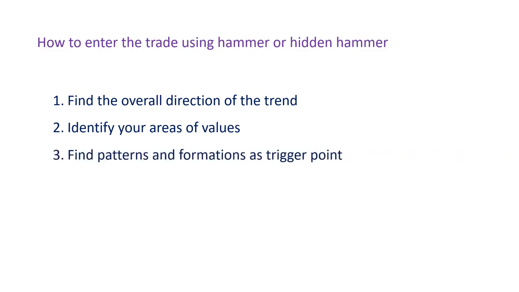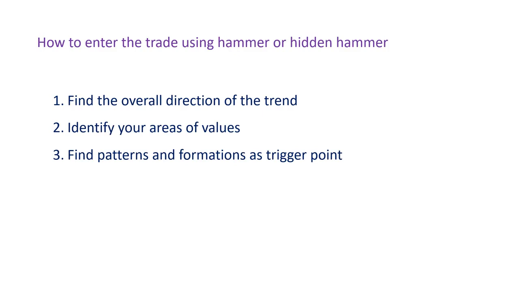Number three, find a pattern and formation as a trigger point to enter the trade. When price comes close to the market structure or area of value, then look for a trigger point like a hammer, which is a sign of a strong bullish move. Set your entry to enter the trade.